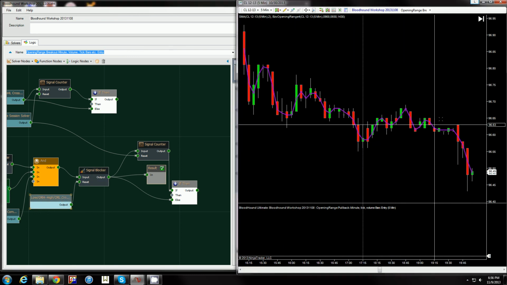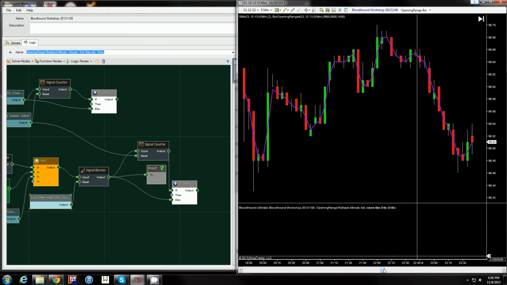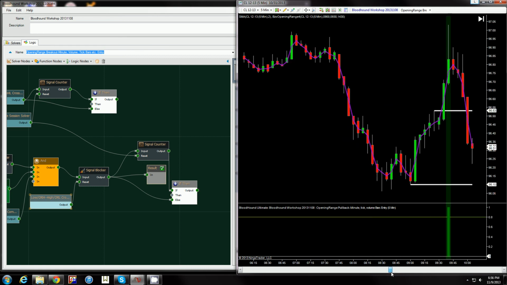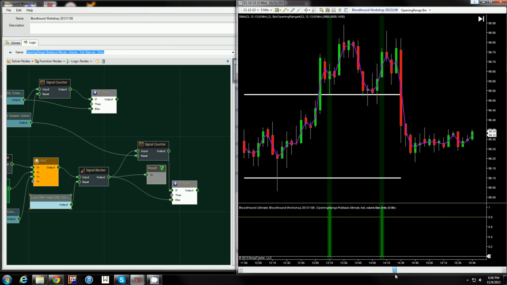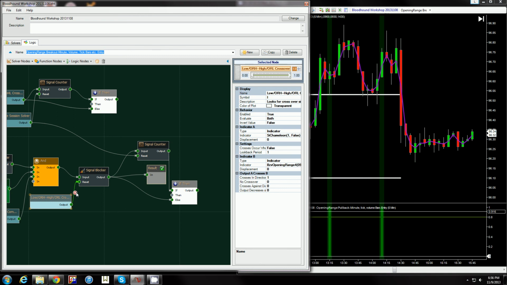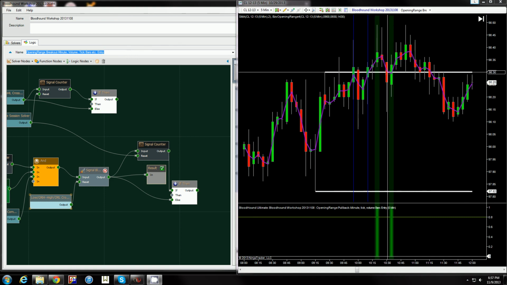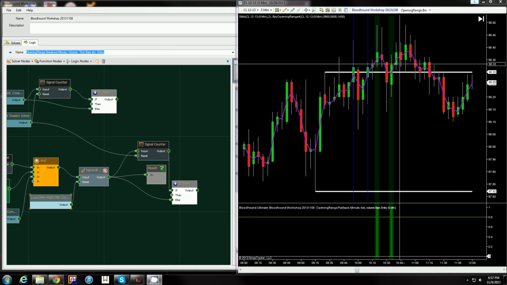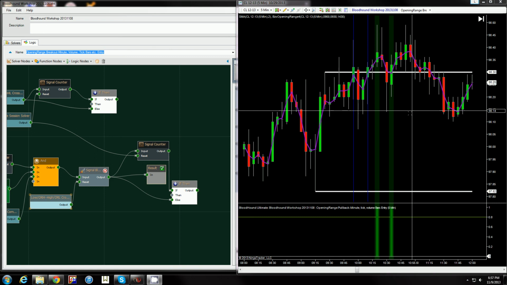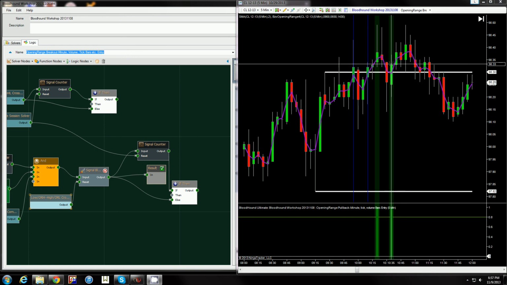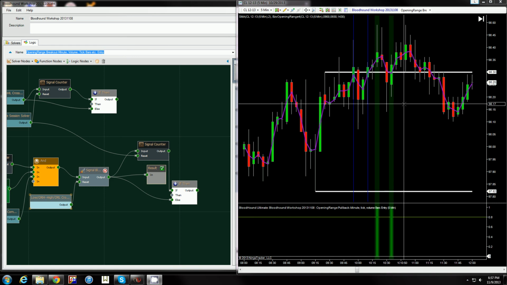The other example that I was showing you a minute ago, no, that's not it. Yeah, this is it. You get this long signal here, and then we've extended that forward. So do you want to allow another signal when the bar is actually inside of the range?